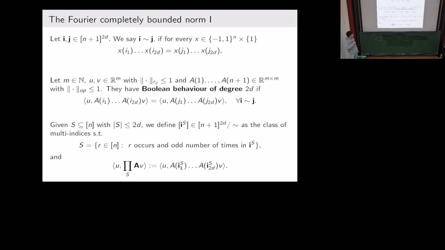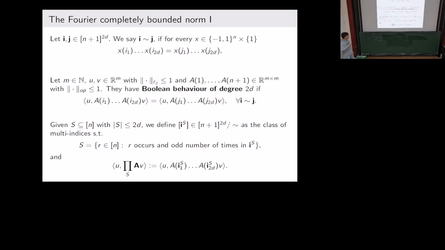In particular, given a subset of the numbers from 1 to n that has size at most 2d, we are going to find an equivalence class of this set with respect to that equivalence relation that is going to be corresponding to S by this.